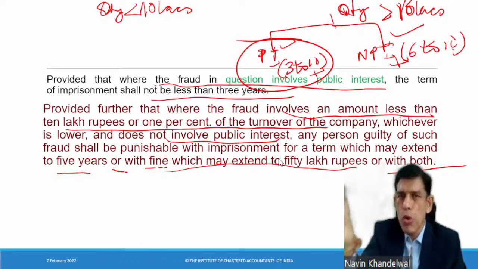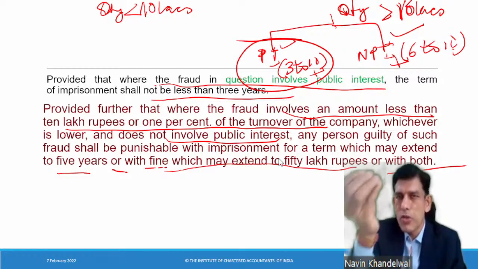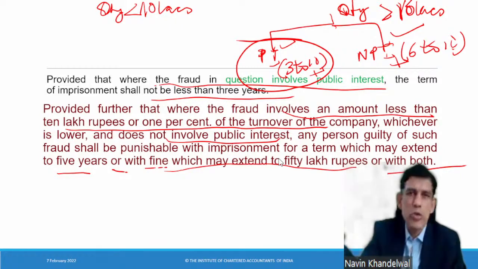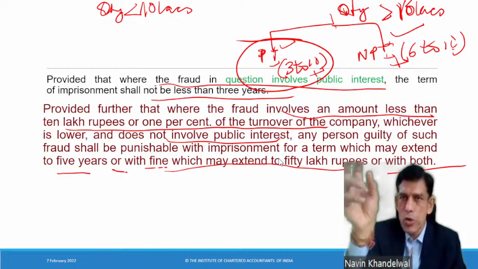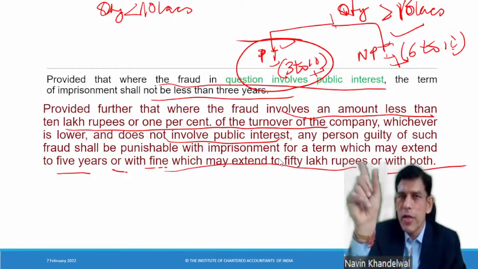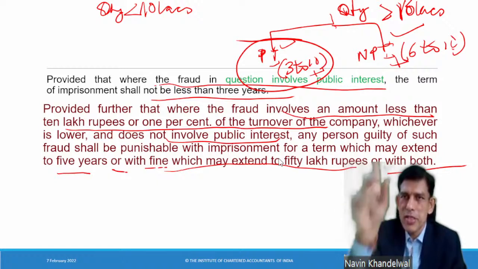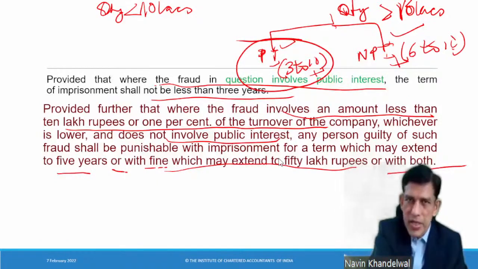If you pick those data points from those questions, once you have the data points, you have the solution in front of you. But if you're not able to pick those data points, then you will always be confused. So the data points which we should be very clear of: quantification, public interest. Then I think the question becomes very easy.